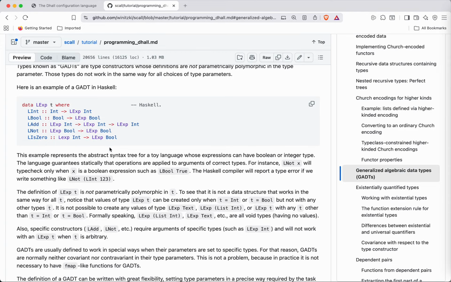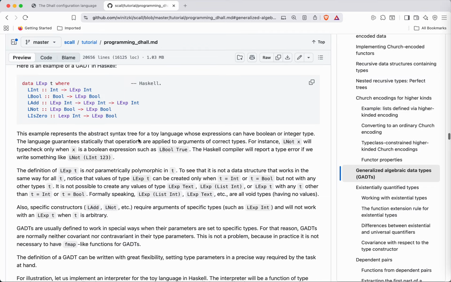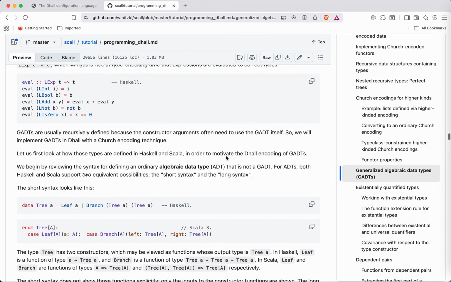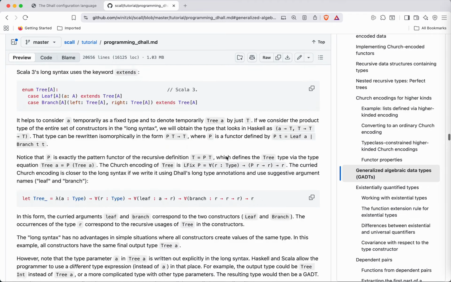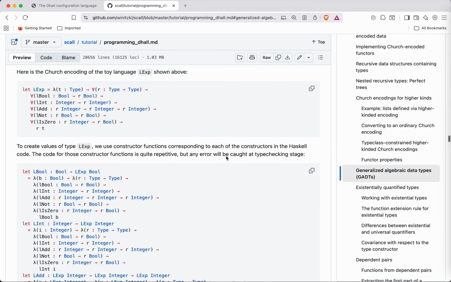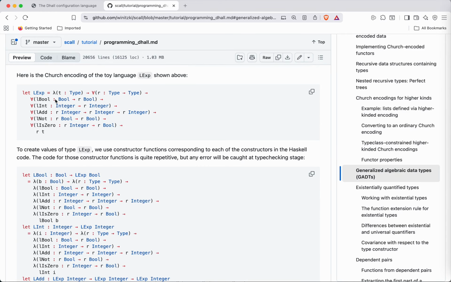So I show a Haskell example where you use a GADT to implement a domain-specific language, which is type safe, and I translate that into Dhall using church encoding of GADTs. So this is the church encoding of GADTs.